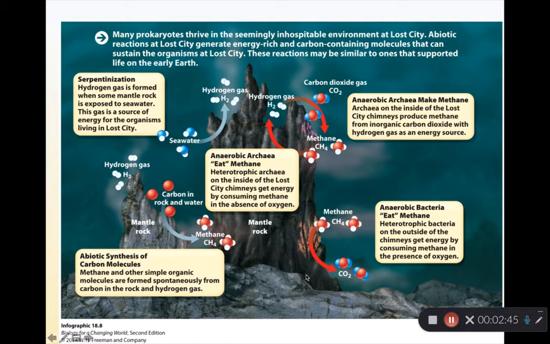So an interesting example of looking at that methane consumption is looking at the prokaryotes that survive, again, in the Lost City. Your book gives us an excellent example looking at how these bacteria actually eat methane, and then these types of archaea are also able to survive in these extreme environments because they're able to eat this methane.